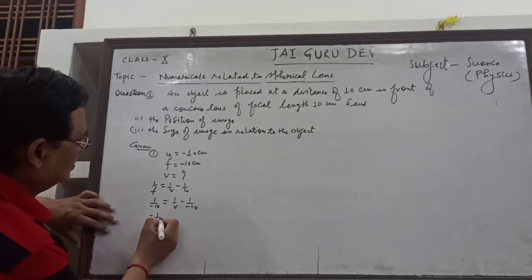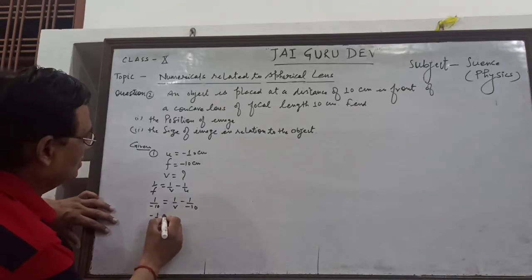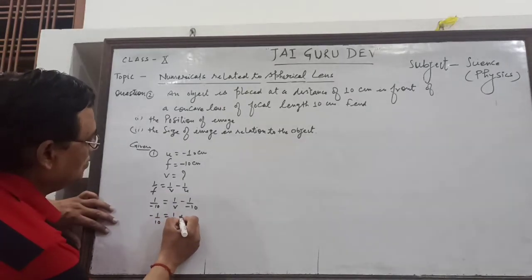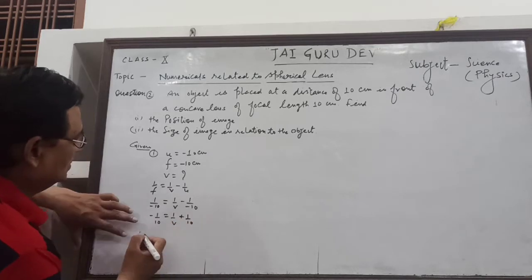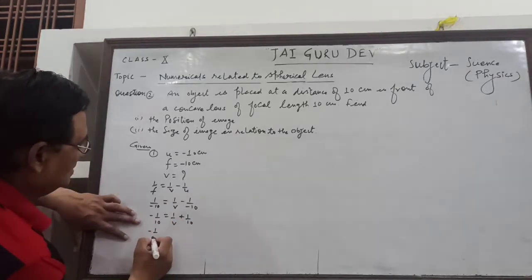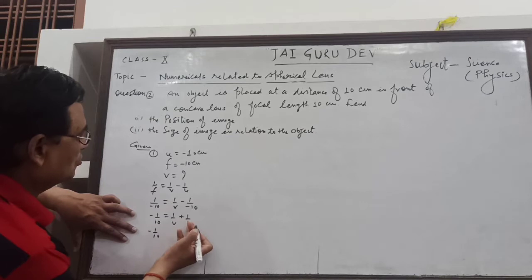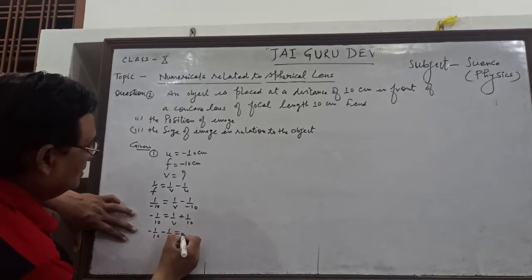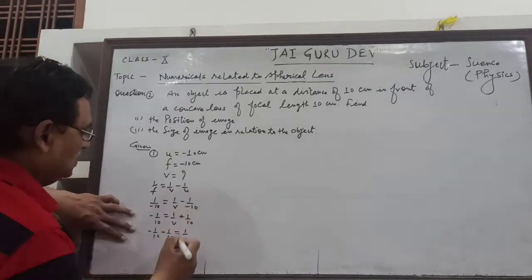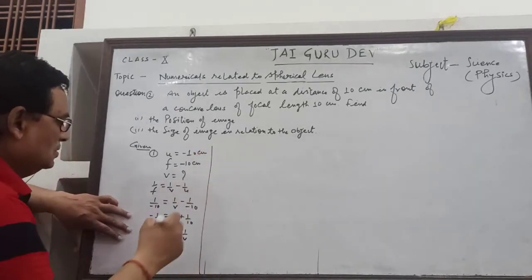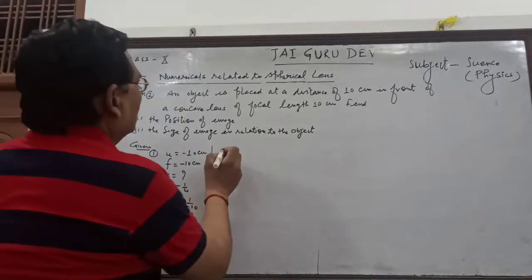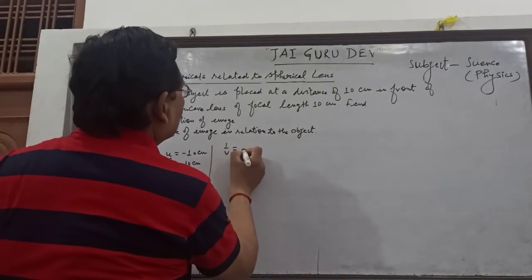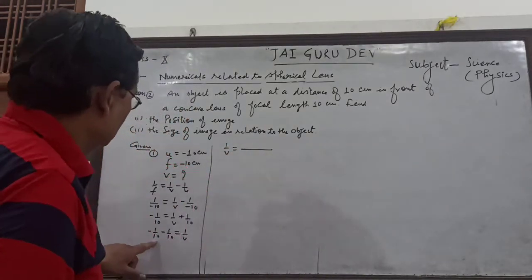Therefore minus 1 upon 10 is equal to 1 upon v plus 1 upon 10. We transfer this one to this side: minus 1 upon 10 minus 1 upon 10 is equal to 1 upon v.